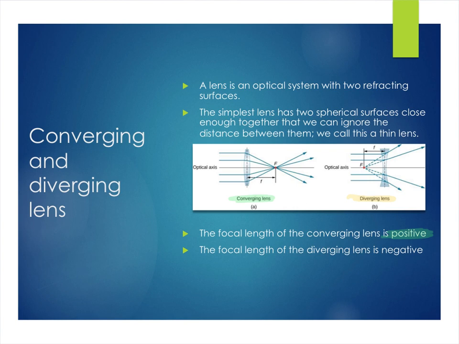In order to find the focal point for these light rays, we trace them back to see where they appear to have originated, and that common point is called the focal point. The distance from that focal point to the lens is the focal length. And in this case, just as it was with mirrors, for the diverging lens, the focal length is going to be negative.